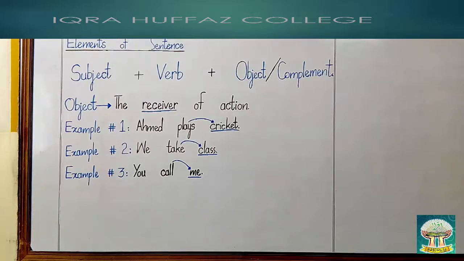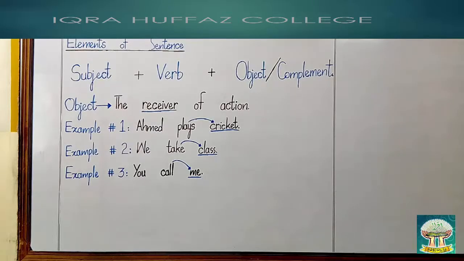I have exemplified you 3 examples on the board. Example number 1. Ahmed plays cricket. The action of play is affecting cricket. It means cricket is the receiver of action. Hence, cricket is object in this sentence.